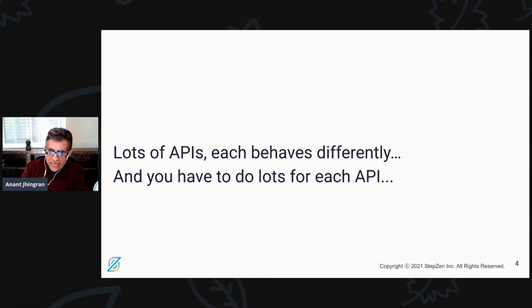Now, there are lots of APIs. Each API behaves differently. There is different syntax, different authorizations, and different ways in which the response comes back. And then you also have to do a lot for each of those APIs. For example, if from a browser you want to call an API, you need to protect the key for that API, because obviously you don't want the key to leak into the browser.